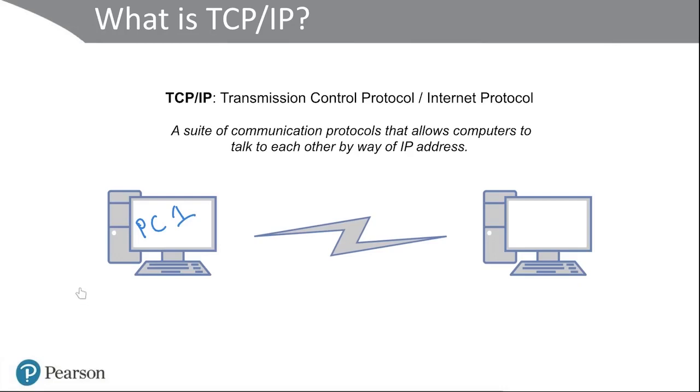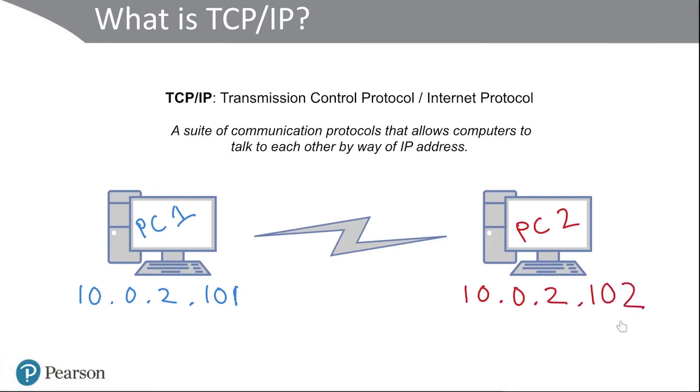And for example, maybe the IP address of that system is 10.0.2.101. And over here, we have PC number 2. And perhaps that IP address is 10.0.2.102. It's that last octet, that last number in the IP address that is different, and that's what they use to communicate with each other. So they communicate by way of IP address.